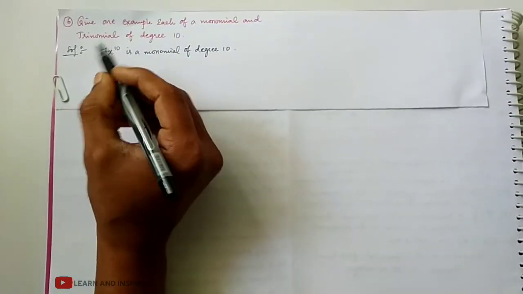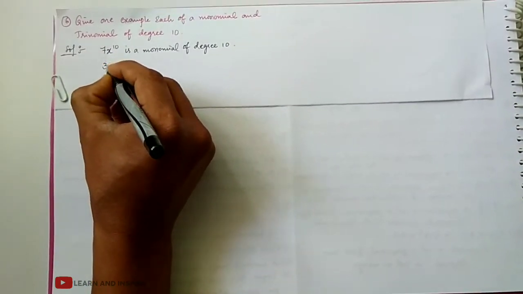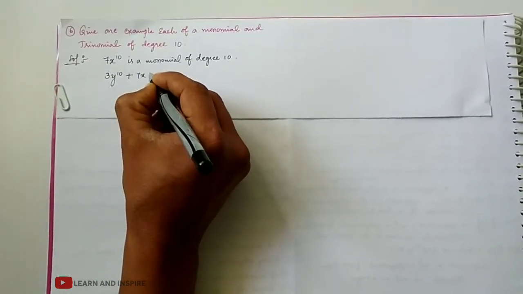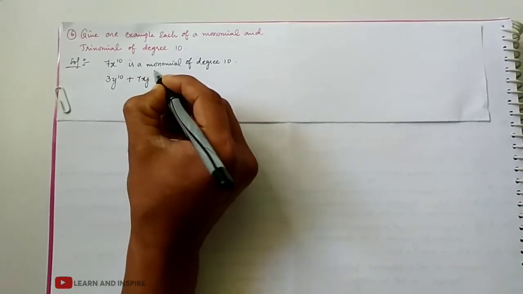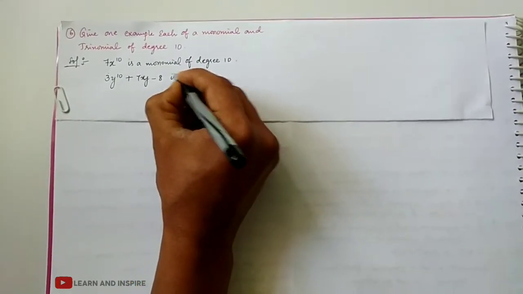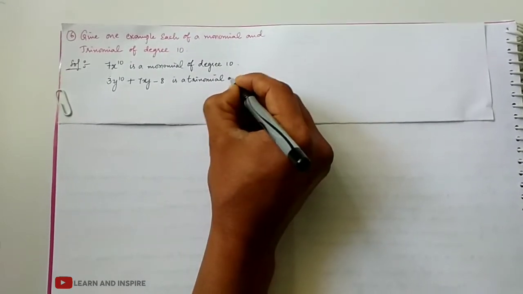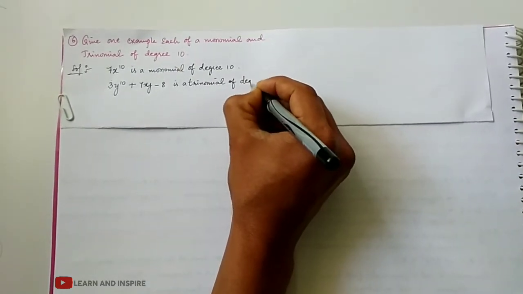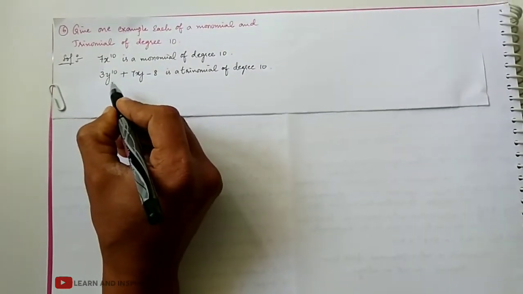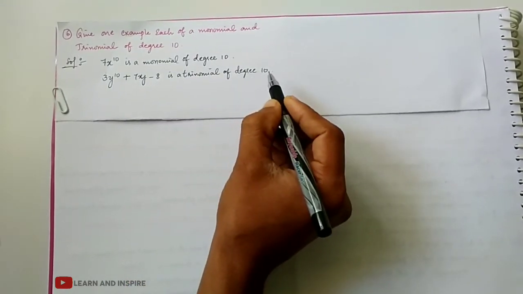Now we write one more example, a trinomial of degree 10. Trinomial is nothing but 3 terms. Now we take 3 terms with the degree 10. So I write 3y power 10 plus 7y minus 8, which is a trinomial of degree 10.